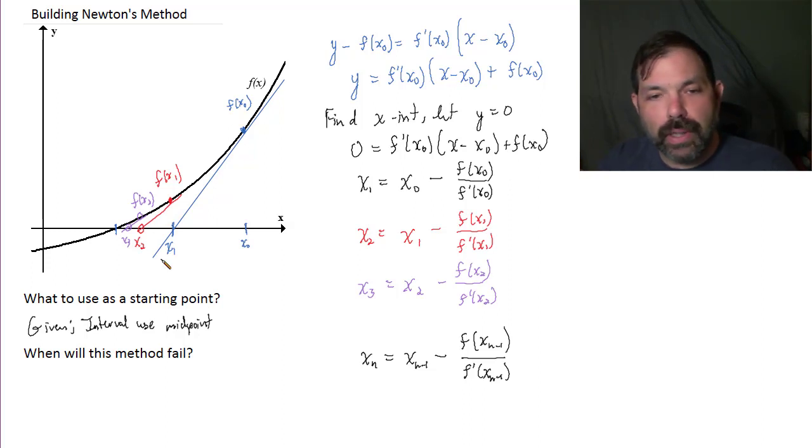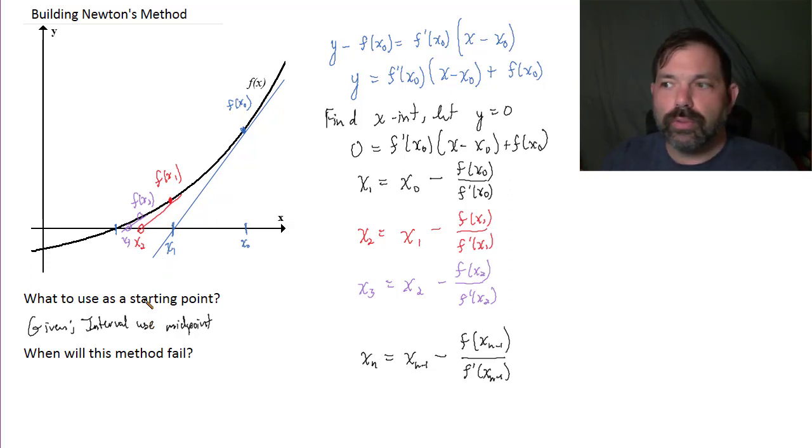Now, when will this method fail? Well, there's a few situations where this will fail, and there's extensive information on this. If you go on Wikipedia or some other site, you can find out information about when it fails. The most obvious place where this could fail would be if we were dividing by 0. So if the derivative was ever 0, then that would cause the method to fail.